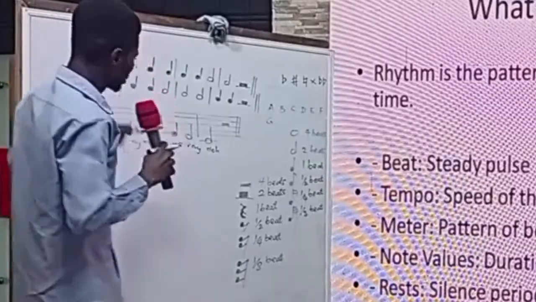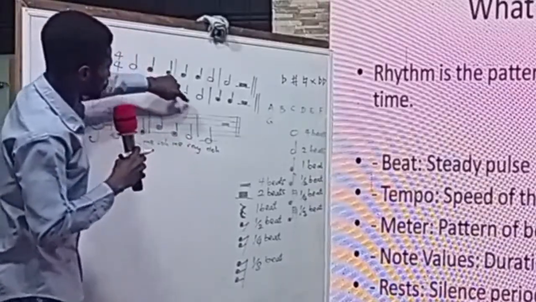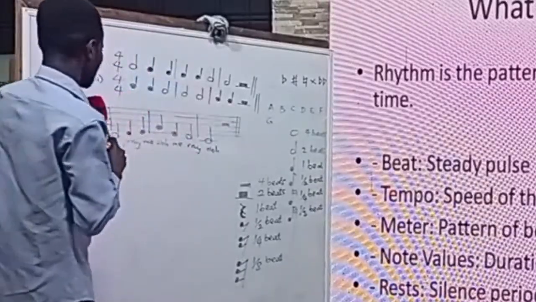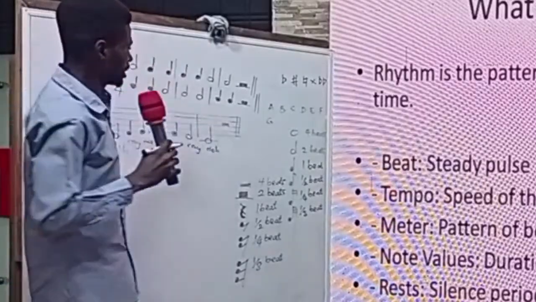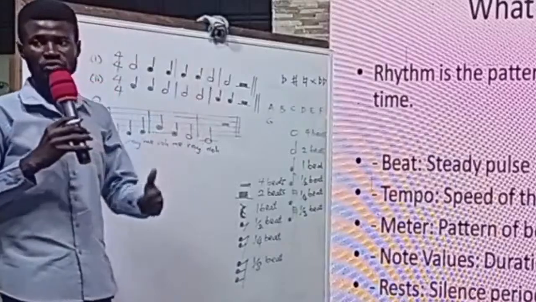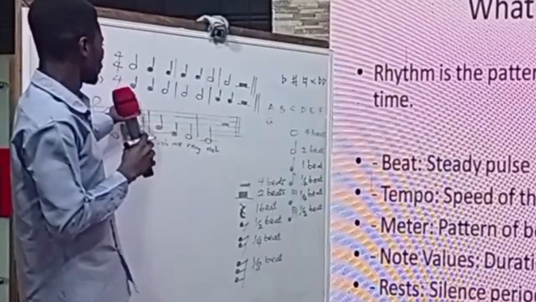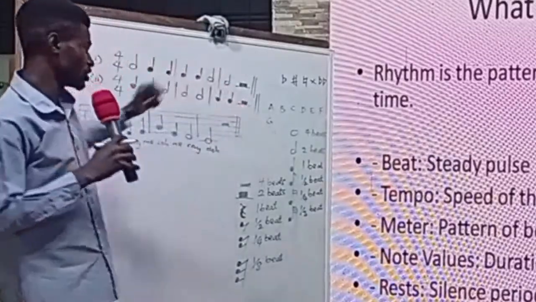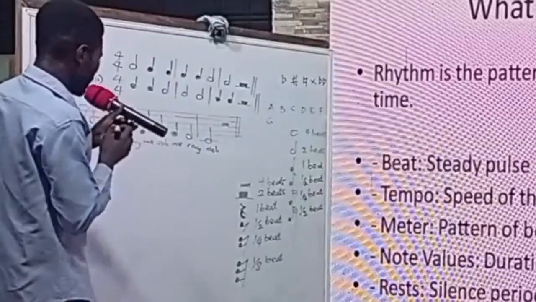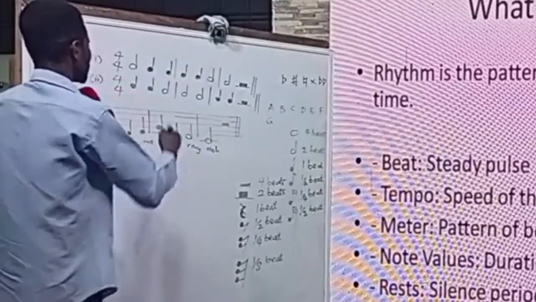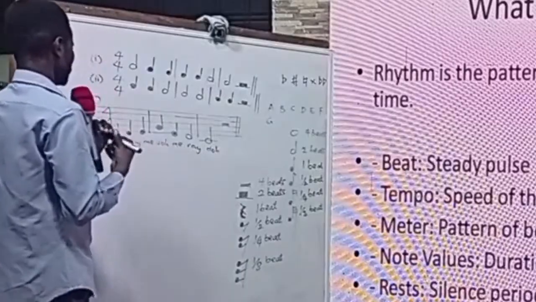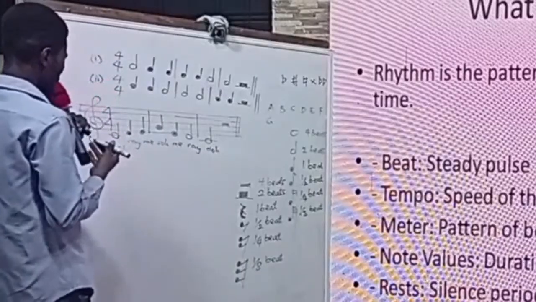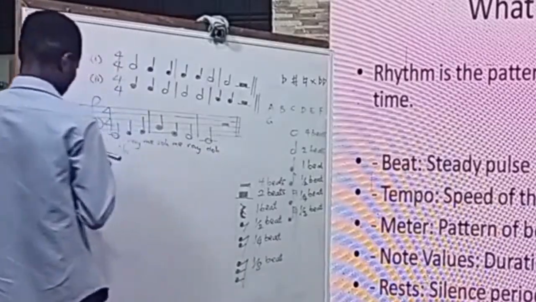Now, if I change the pitch of each of these notes, the rhythm will change in terms of the duration of each note, and the pitch of each note will change. But if I want to use the same solfa notation, if I want to maintain the same pitch that I have here, then it's going to sound as this.